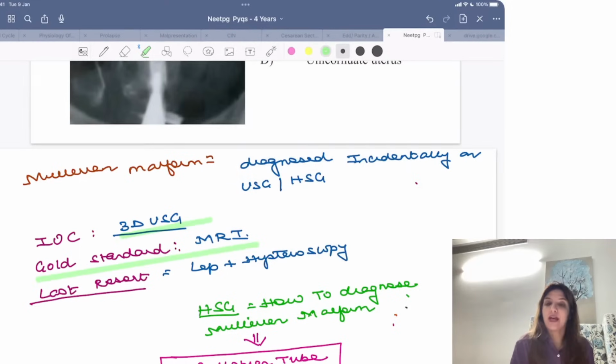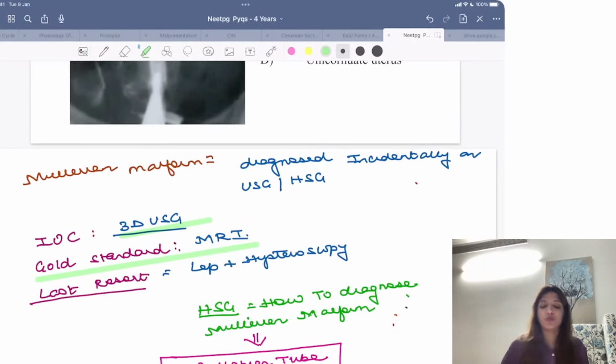Gold standard is MRI, and the last resort for diagnosing this condition is laparoscopy and hysteroscopy. HSG is not the investigation of choice because HSG cannot look at the fundus of the uterus. Right, so it cannot differentiate between septate and bicornuate uterus. So HSG is not the investigation of choice, right?